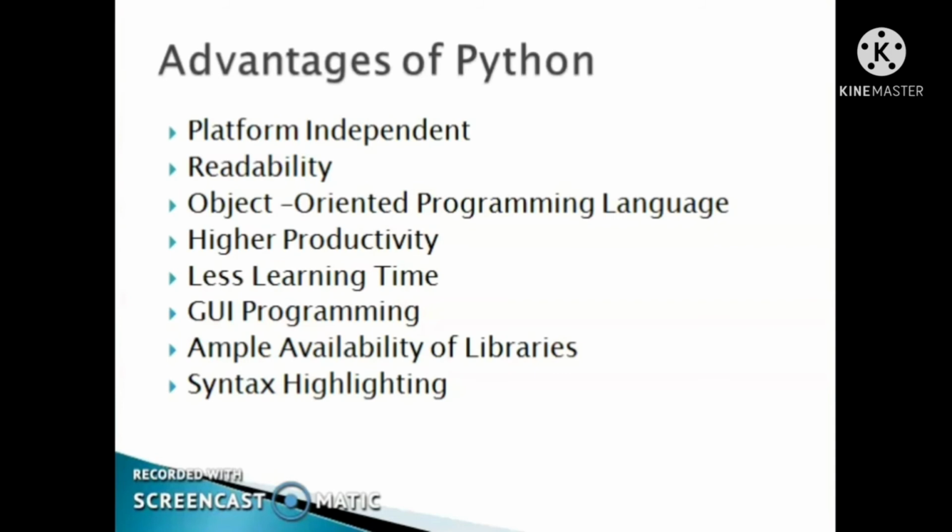Less learning time. Because of the simple and shorter code, less time is required to understand and learn Python programs. GUI programming. Python supports graphical user interface applications that can be created and ported to many system calls, libraries, and Windows systems such as Windows MFC, Macintosh, and the X Windows system of Unix.